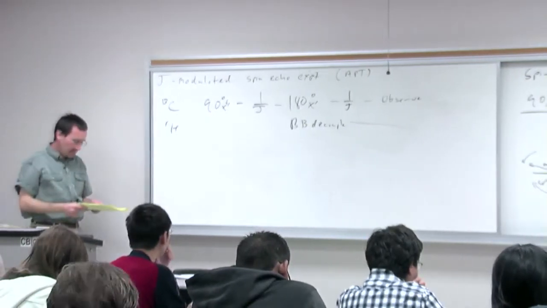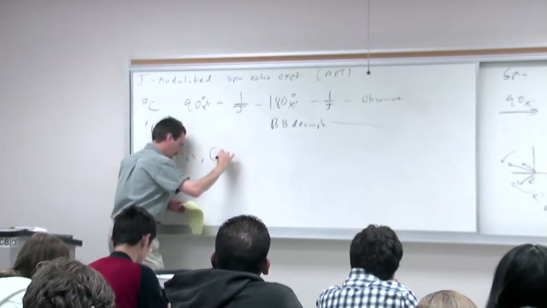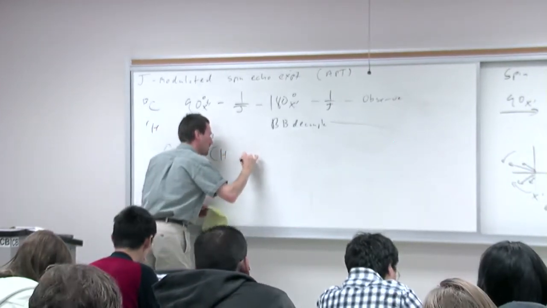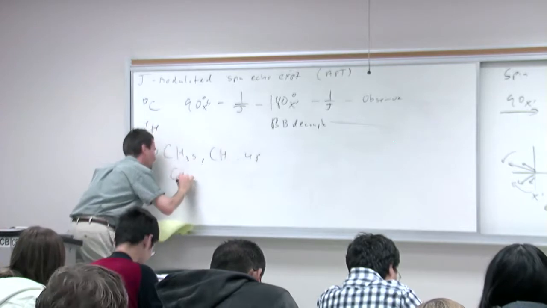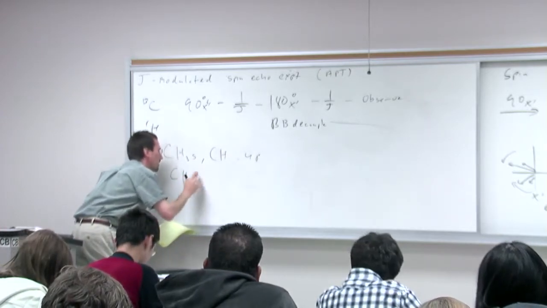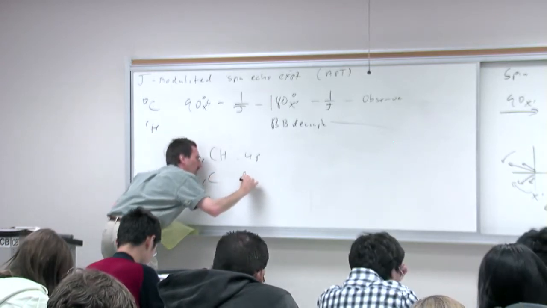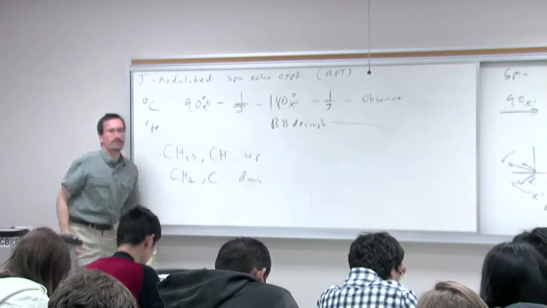And this is, as I said, what's going to lead to the CH3s and CHs up, and the CH2s and the Cs, well, we'll say the CH2 and the Cs are down.